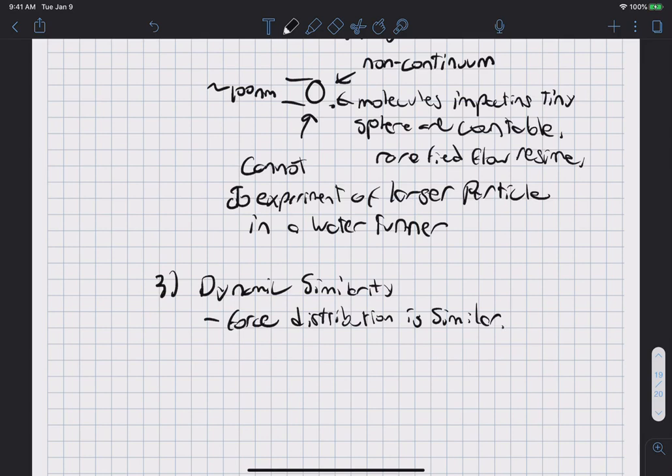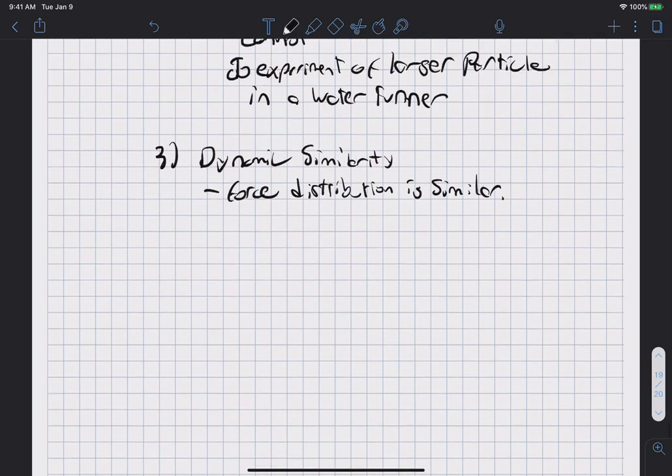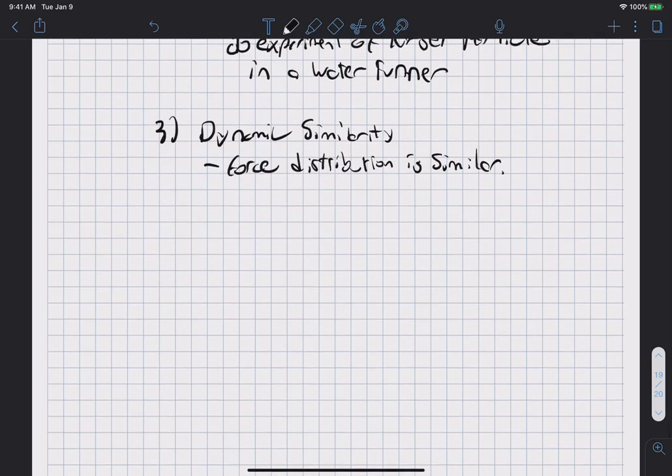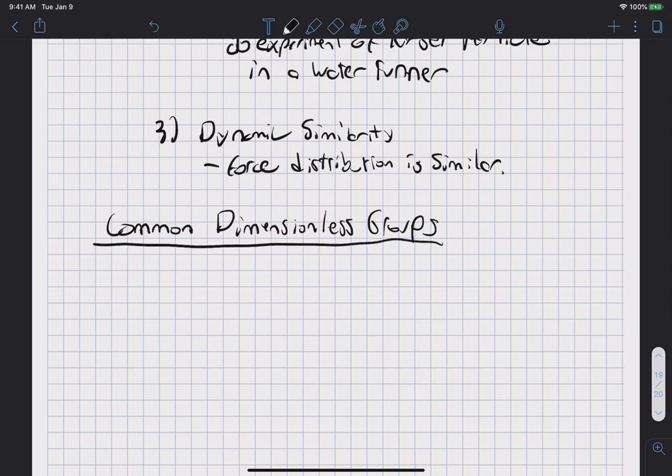Okay, and so I'm going to wrap up the discussion on similarity pretty quickly, but before I do that, I'm just going to list the common dimensionless groups. And there are probably literally hundreds of these.